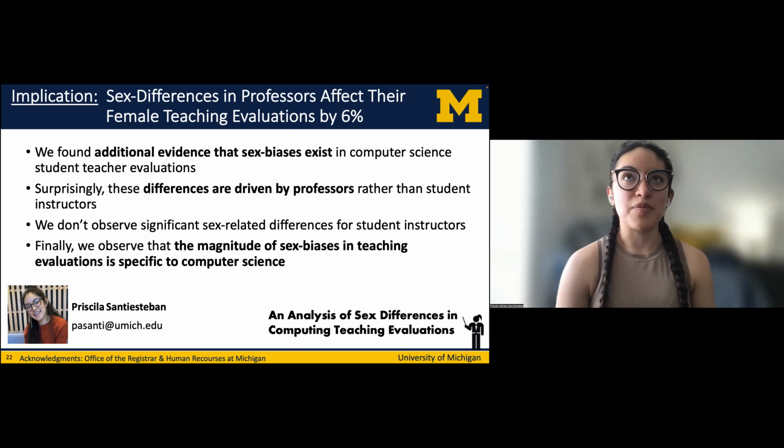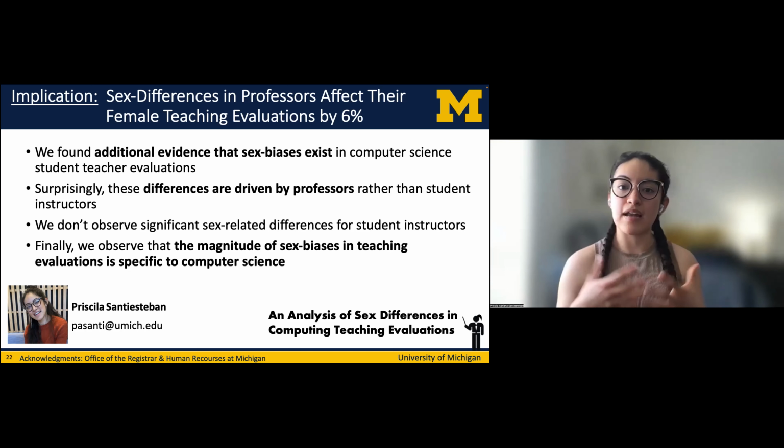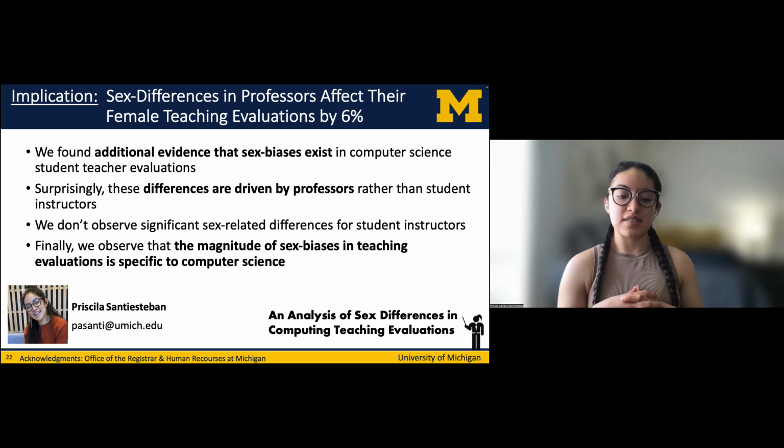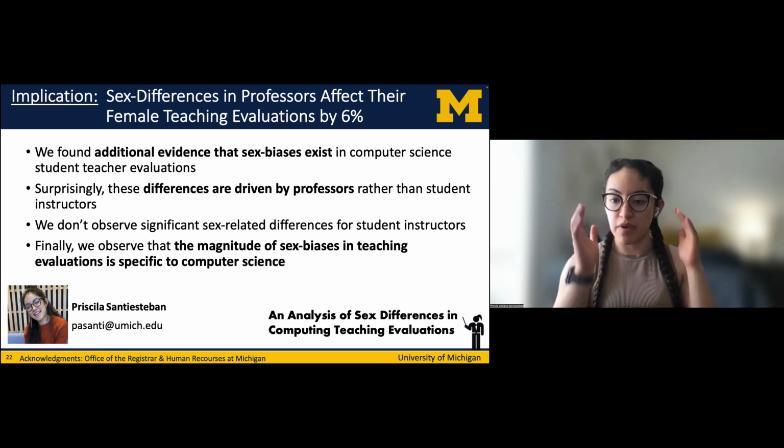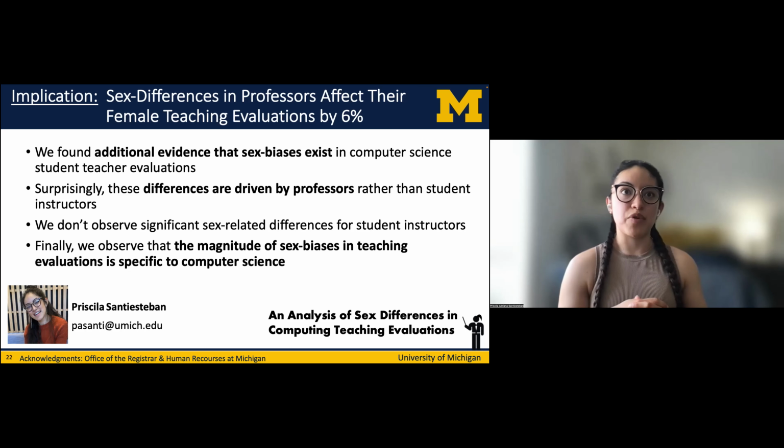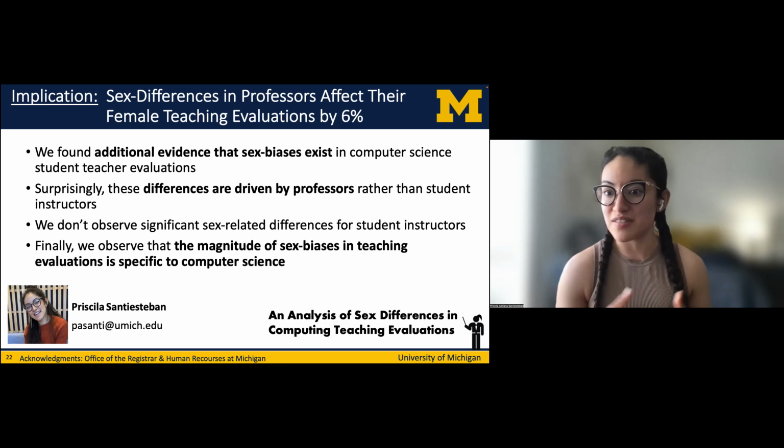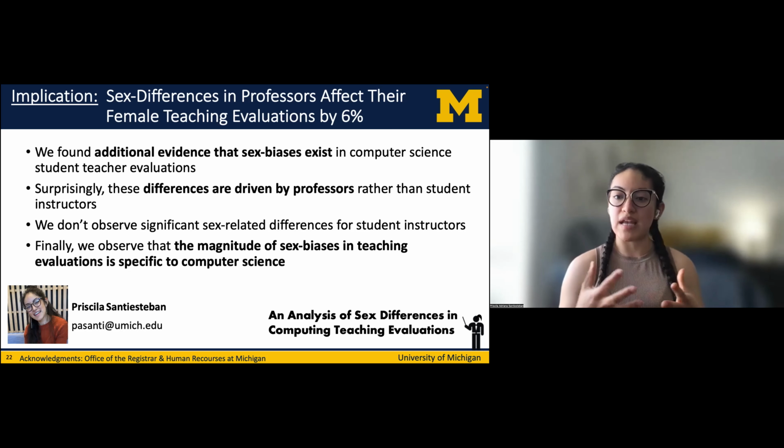I am more curious to see what kind of thoughts they're going through. For example, another thing that we had seen, when we looked at more detailed things inside the criteria, was that they perceived female professors to be less able to invoke interest in the students for some reason, like they were rated lower in that.